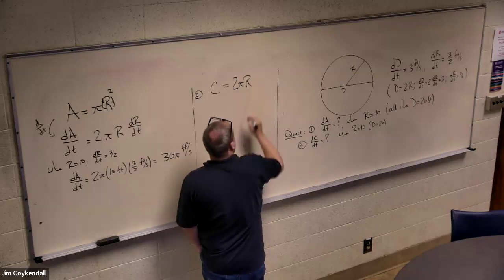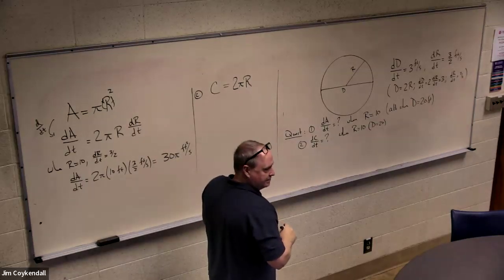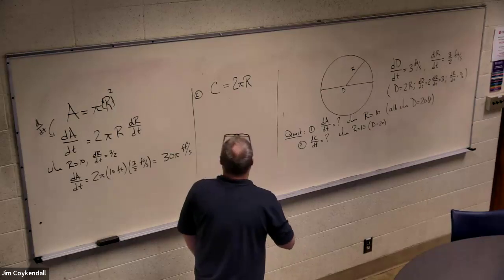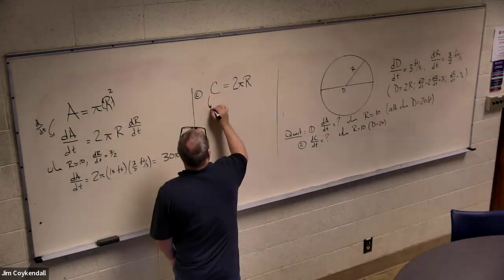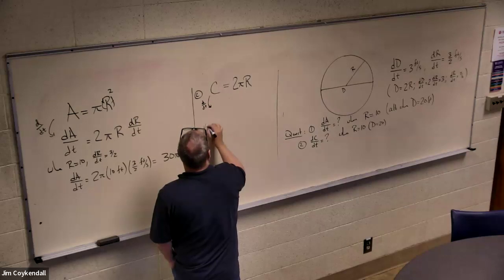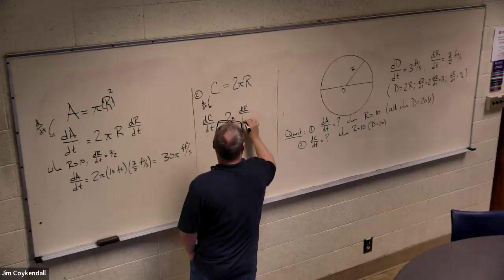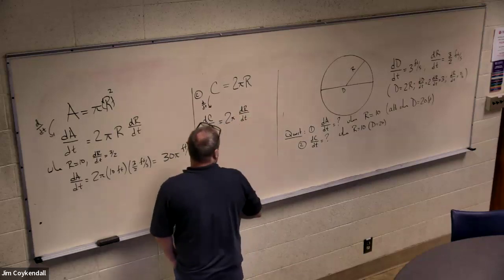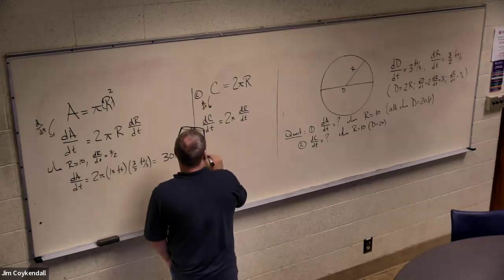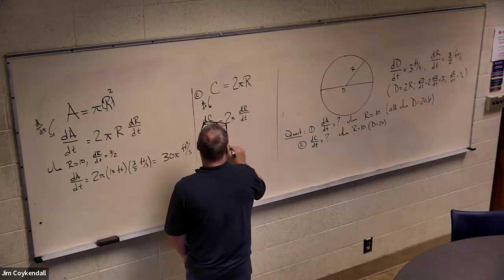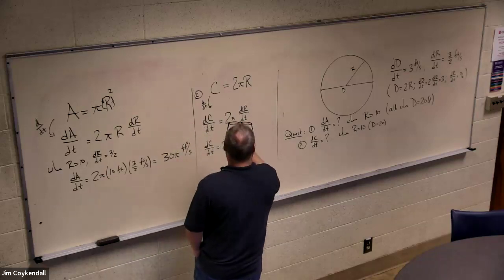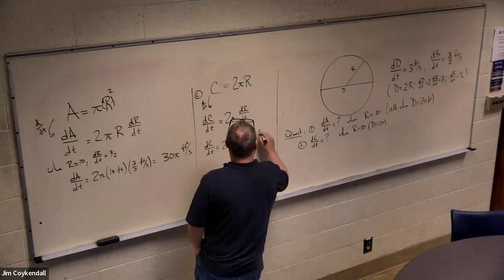That familiar? We want to see how fast the circumference is changing, so take the derivative again. dC/dt is 2 pi dr/dt. So it should be just a factor of 2 pi times dr/dt, which is 3/2 per second. So I get 3 pi.